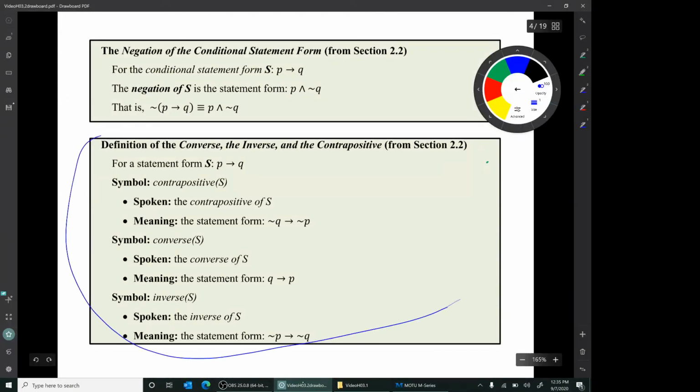We know what to do with a conditional statement if we want to form its contrapositive, converse, or inverse. But what about a quantified conditional statement? Well, the idea is that you do these things just to the conditional part. You don't do anything with the quantifier.